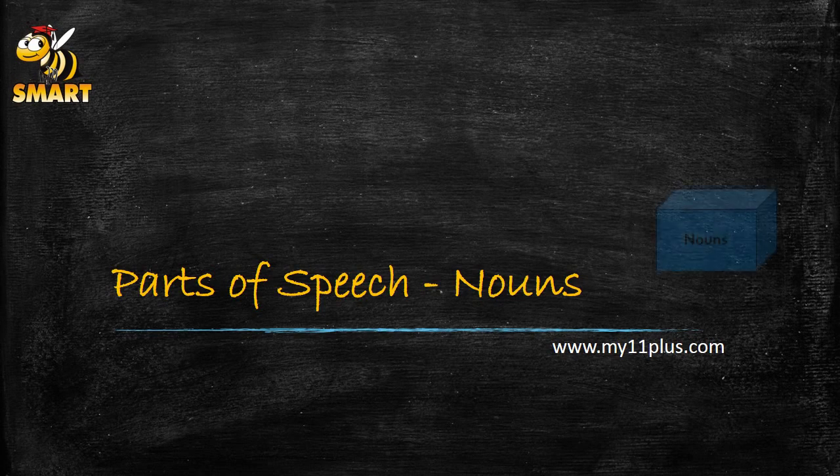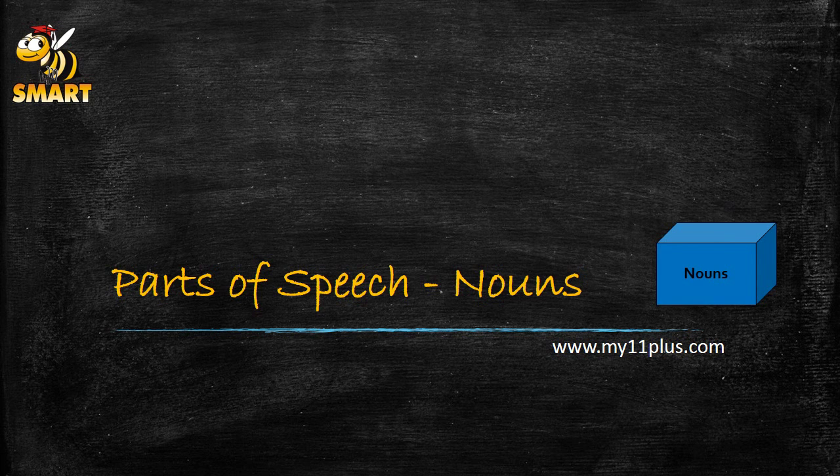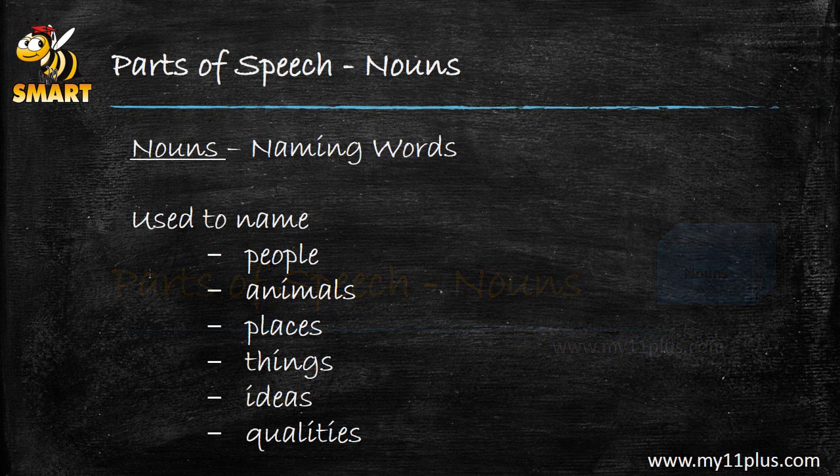The part of speech we're going to cover in this tutorial today is nouns. Nouns are naming words. They're words that we use in our sentences for the names of people, animals, places, things, ideas, and qualities.